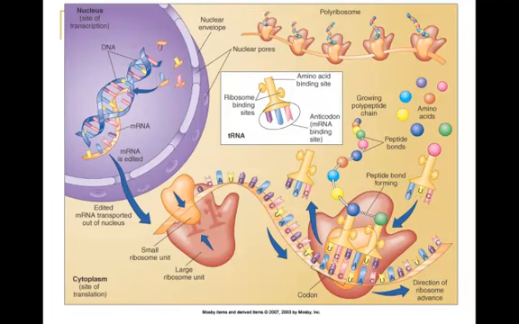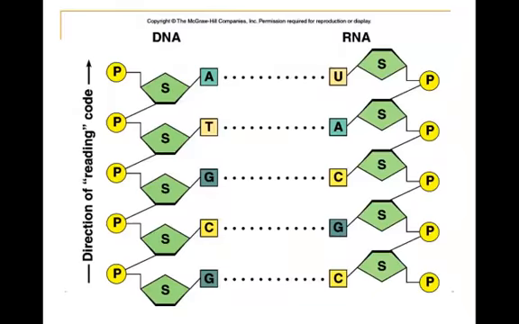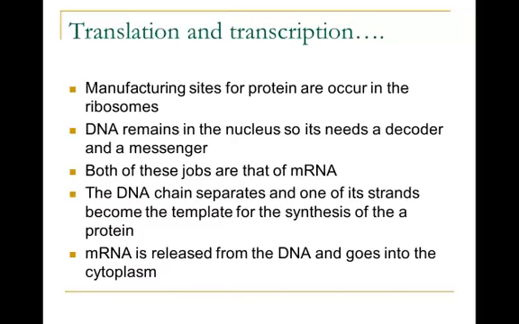All right, messenger RNA and transfer RNA. I just wanted to show you what we just talked about. Those three anticodons are going to match the message that we have. So hold that thought now.